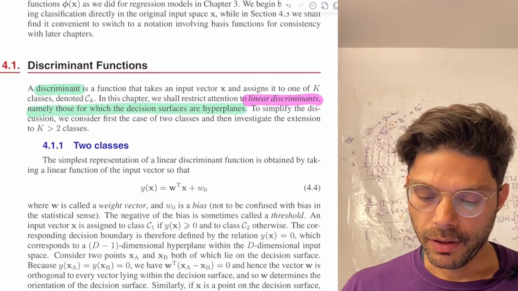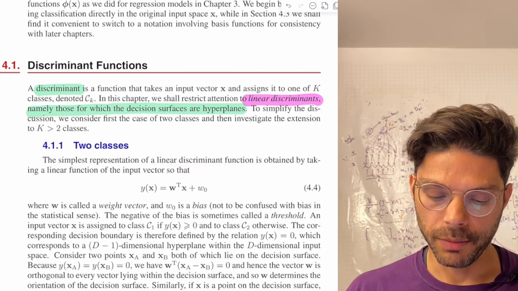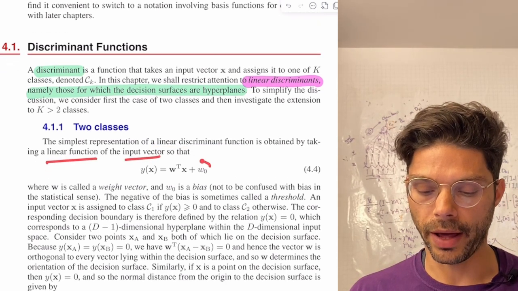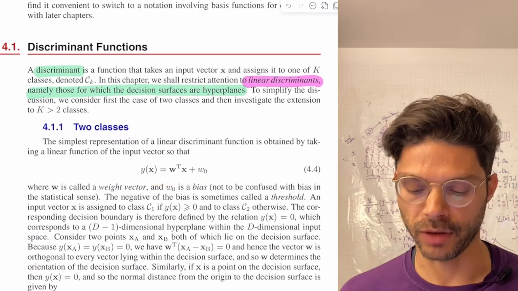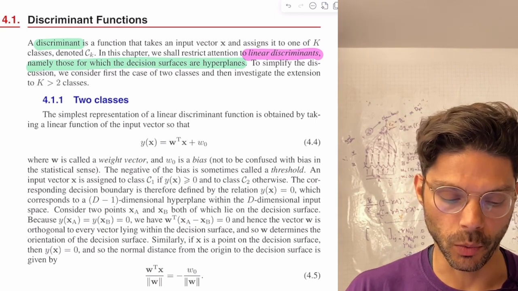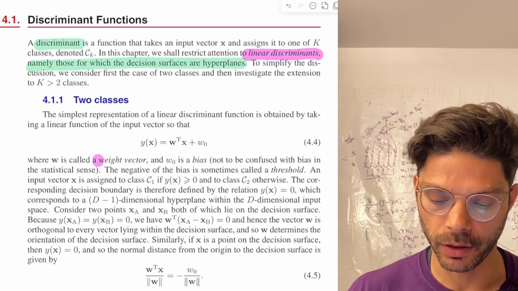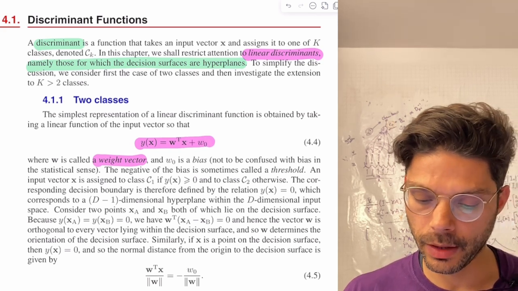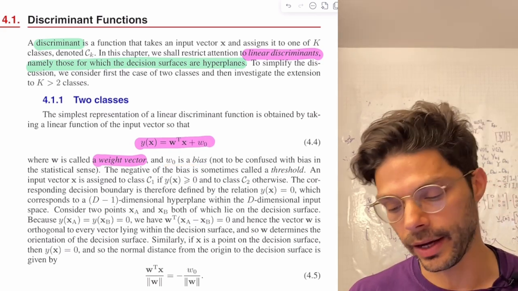The simplest representation of a linear discriminant function is obtained by taking a linear function of the input vector, so that y(x) is just this. Okay, so that's what we're going to be talking about. Where w is called the weight vector, so good terminology. And w_0 is a bias, so just some terminology.